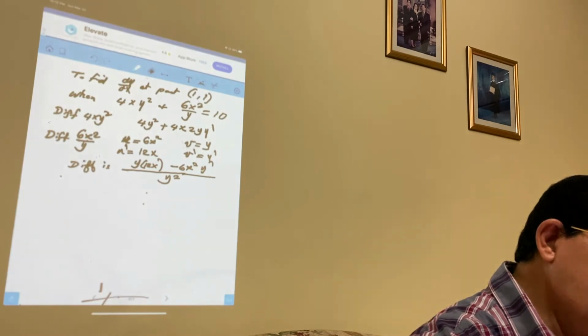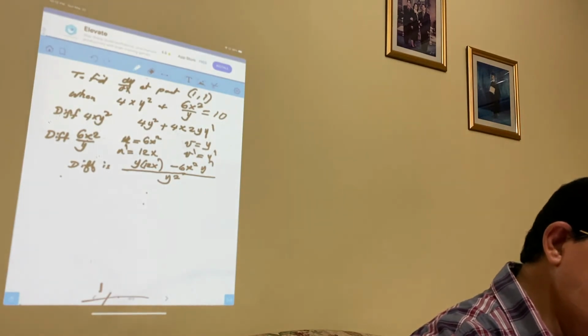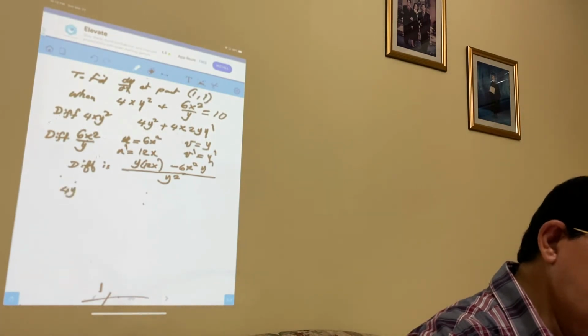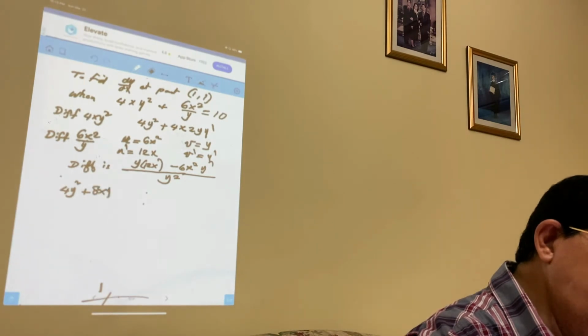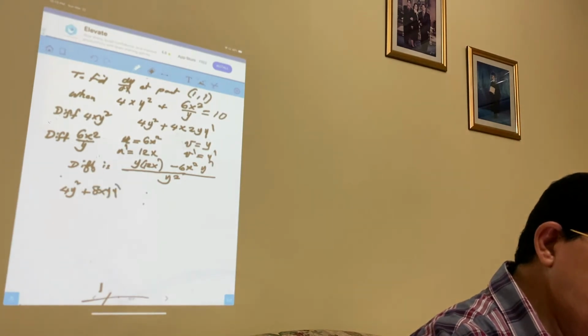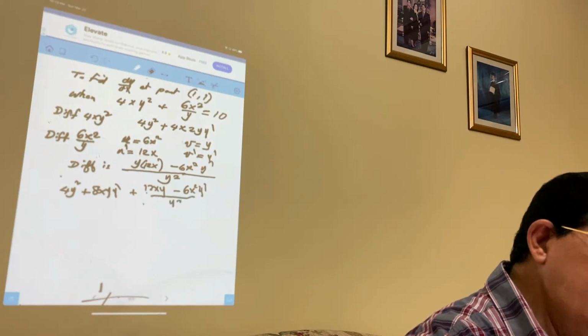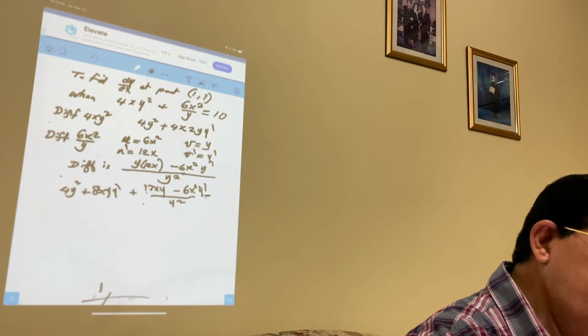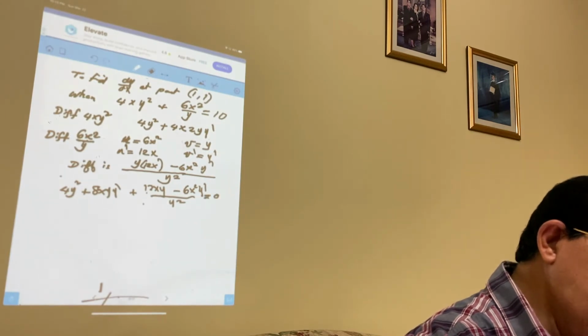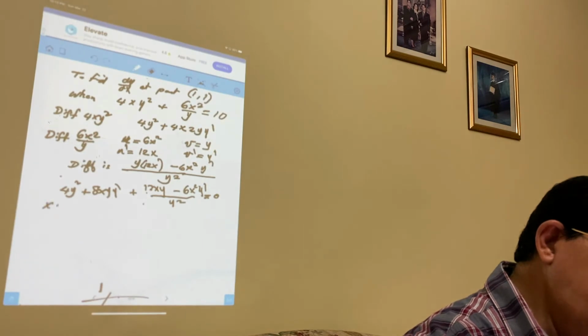If we substitute this in the equation up there, therefore we get 4y squared plus 8xy y dash plus 12xy minus 6x squared y dash over y squared equal differentiation of 10 is 0. We substitute x equal 1 and y equal 1.